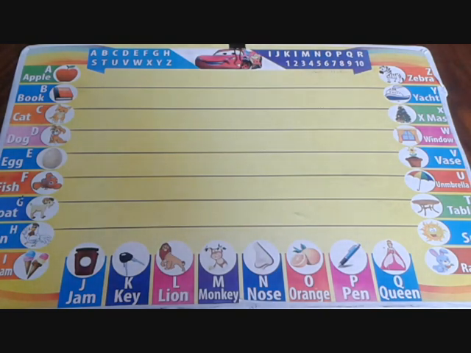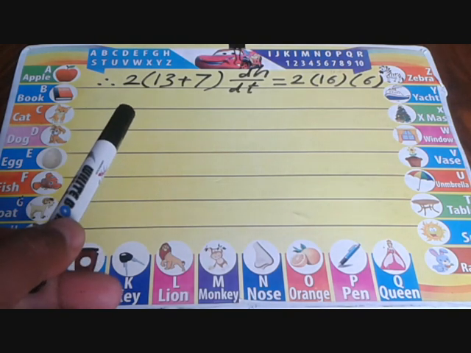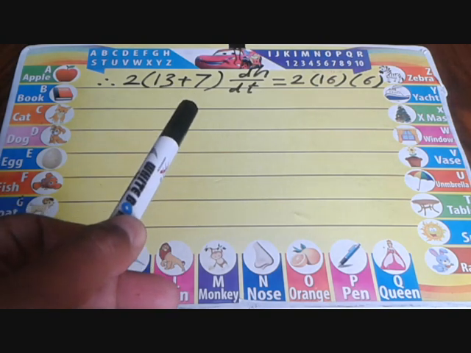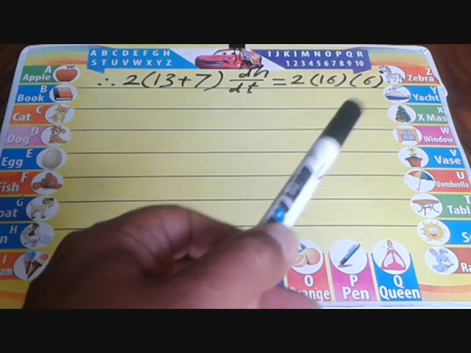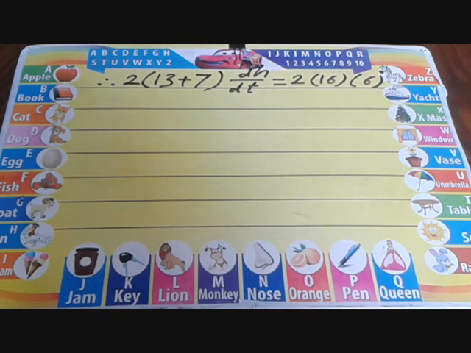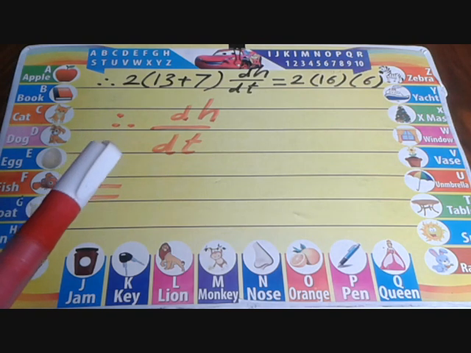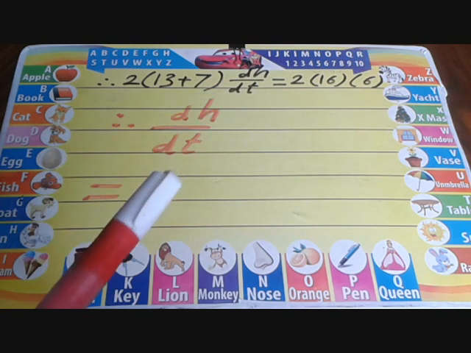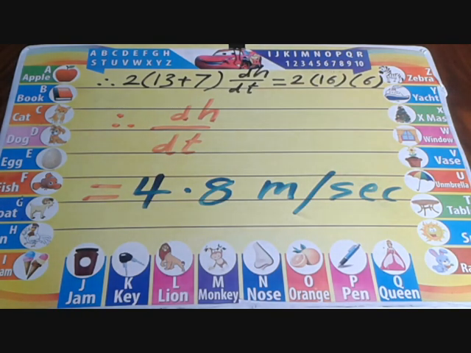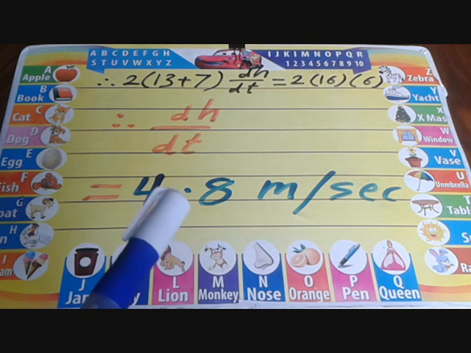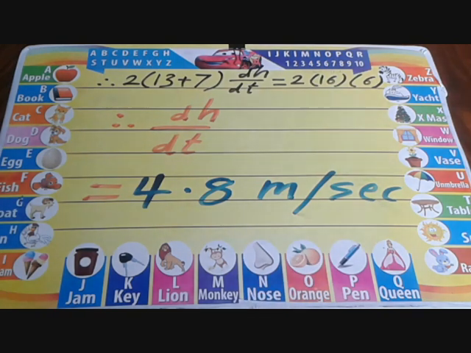By substitution, therefore, 2 times (13 plus 7) dh by dt equals 2 times 16 times 6. Therefore, dh by dt equals what? It equals 0.8 meters per second.